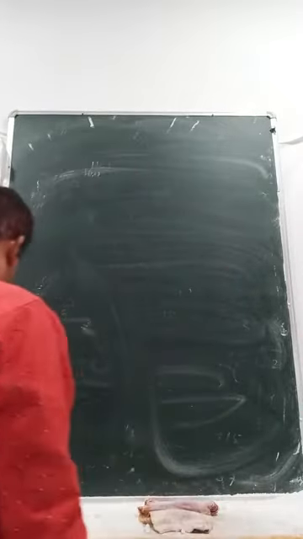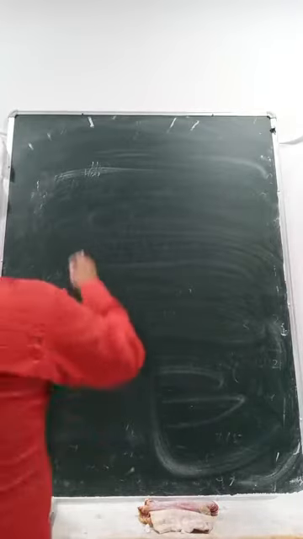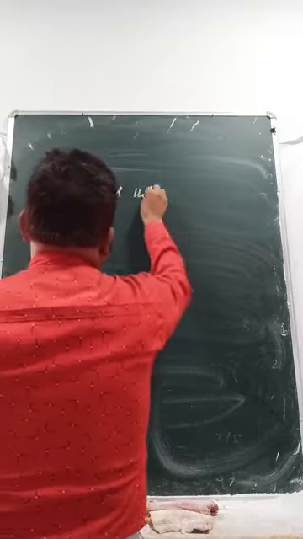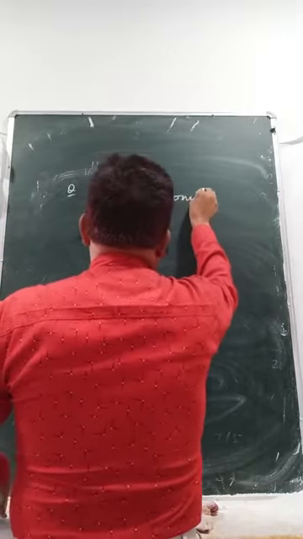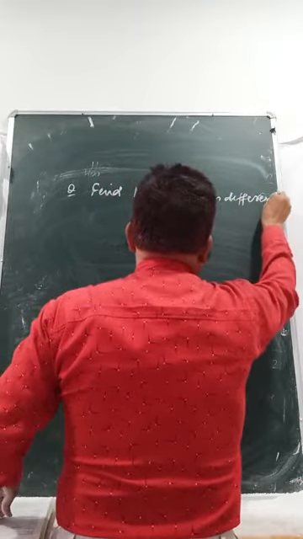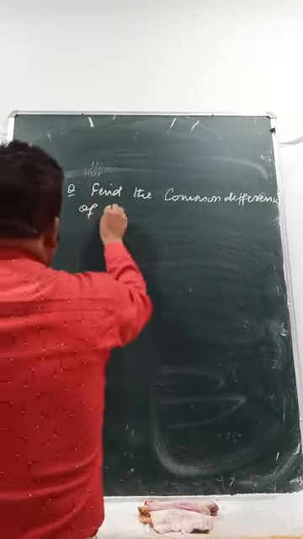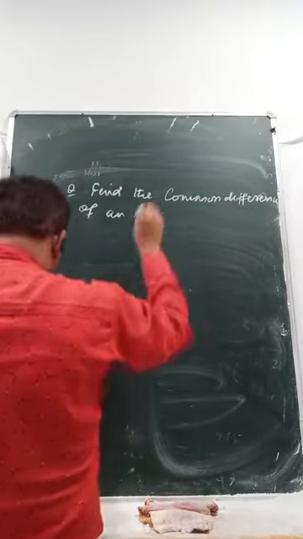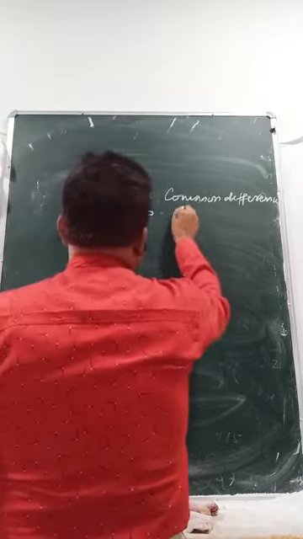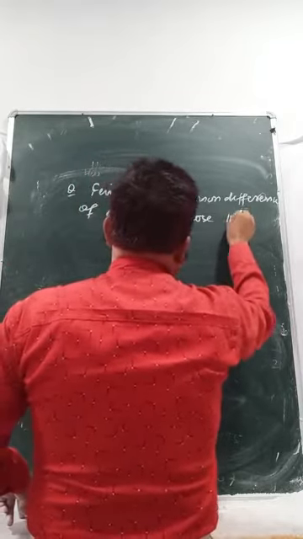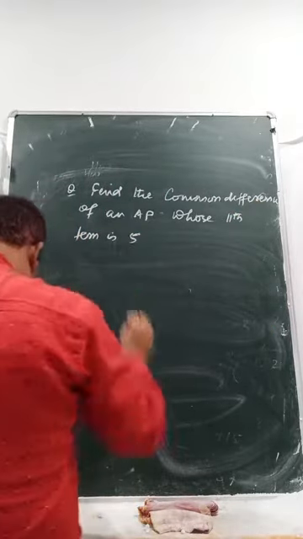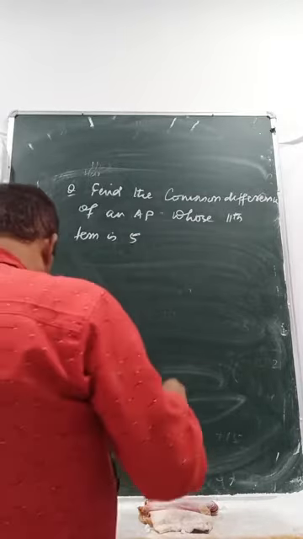The other pattern is: find the common difference of an AP whose 11th term is 5 and 30th term is 79.